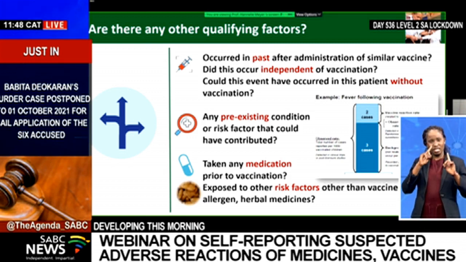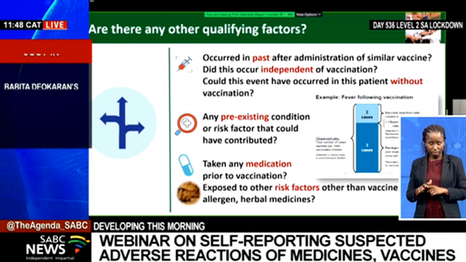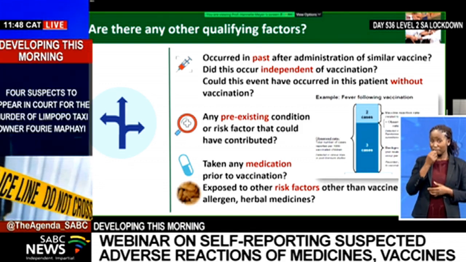So depending on what kind of event it is, does this person suffer from a certain condition that could have contributed? Is this person taking any medication that could have resulted in this event? Because medications also result in adverse reactions, like you've heard from Flora.